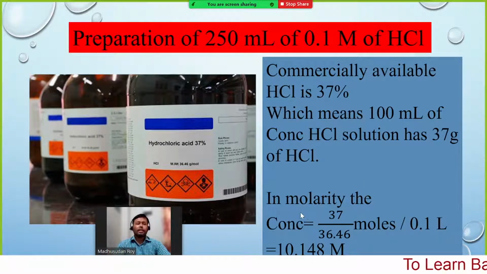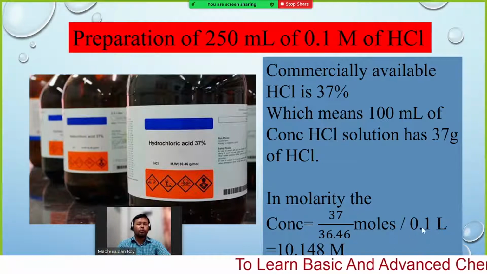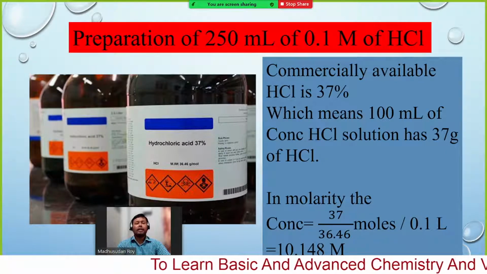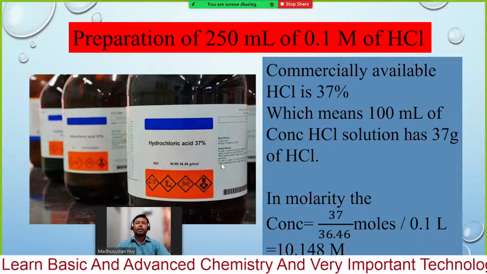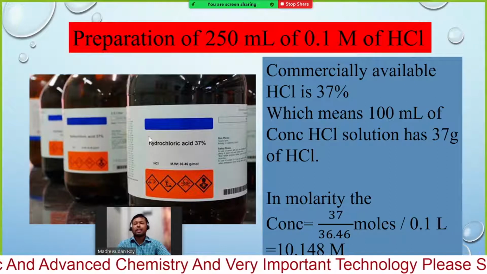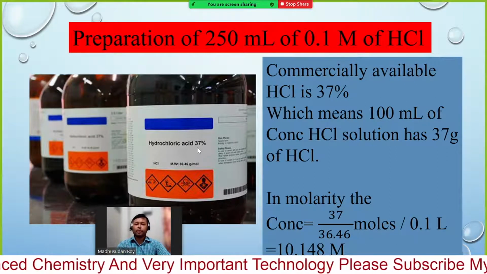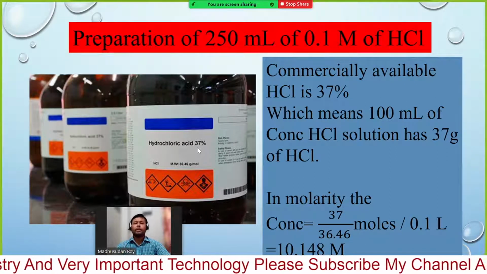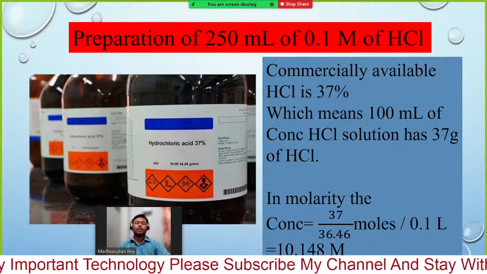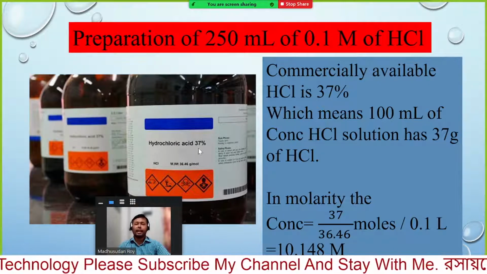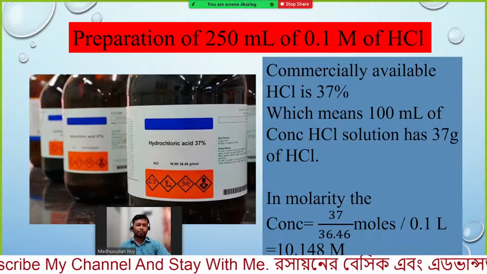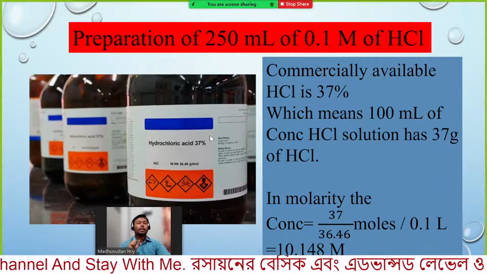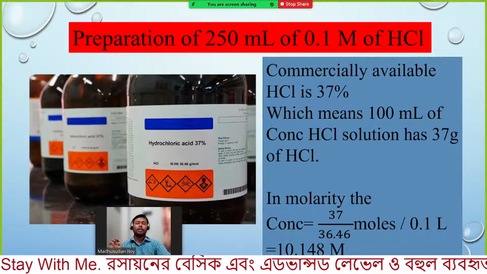What is the concentration in molarity? Just number of moles divided by volume in liter. So this is 10.148 molarity. If you consider this is 37% concentrated hydrochloric acid, the concentration in molarity of that acid is 10.148 molar. This is the information you need to gather by yourself.